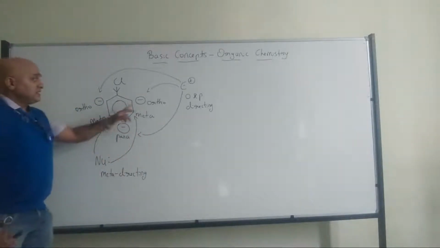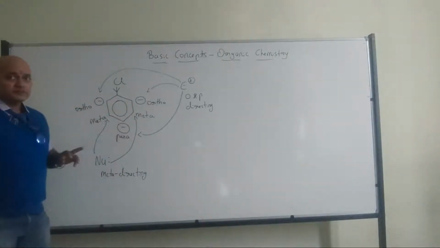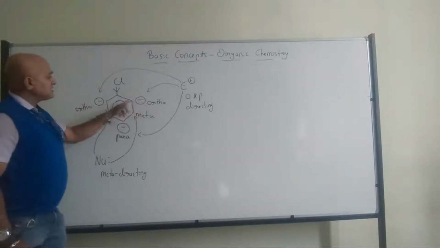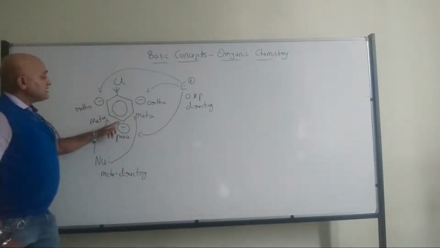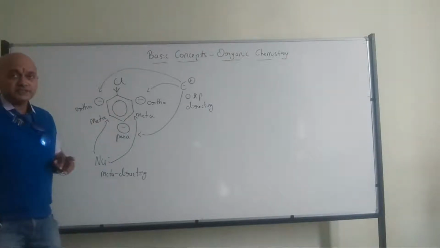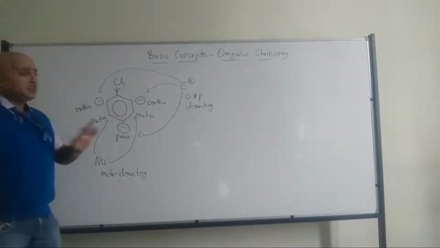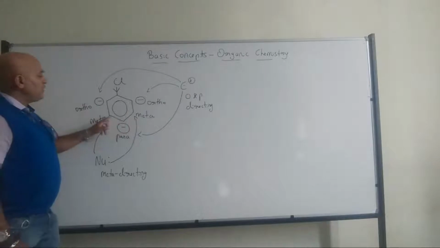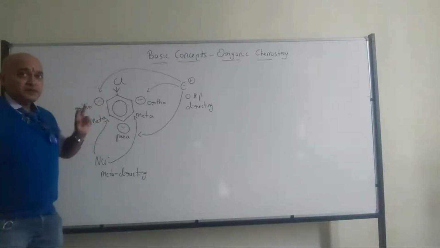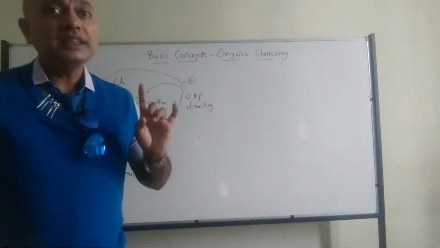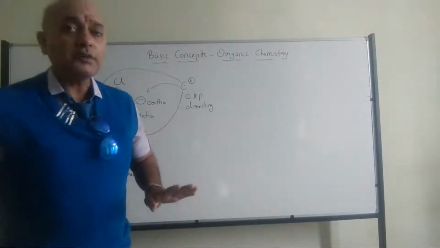But when we are talking in general, then we can say this is ortho position, this is para position, and this is meta position. But in IUPAC, it will be considered as position number 2. Since it is 1, it is 2, 3, 4, 5, 6. When it comes to IUPAC, no ortho and para, it will be numbering. All of you got my point?